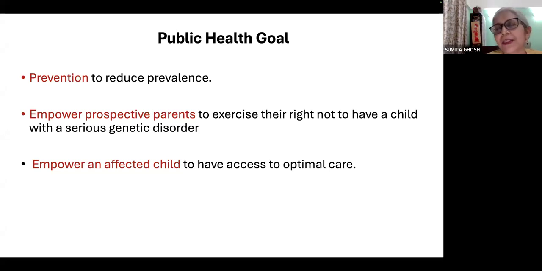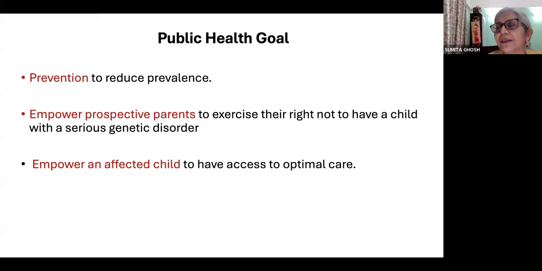Empower prospective parents to exercise their right not to have a child with a serious genetic disorder. They should have access to family planning, and access to MTP if they know that this child is going to be seriously affected. Then empower an affected child to have access to optimal care.